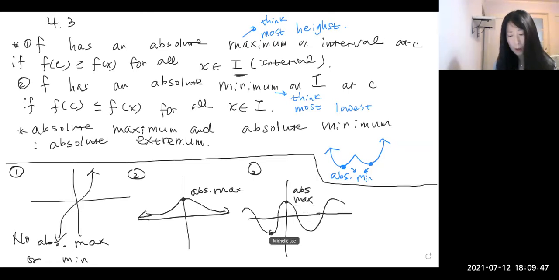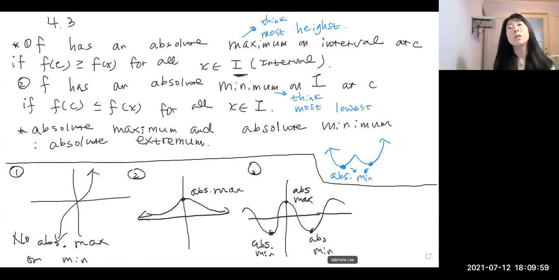And as I said earlier, if the value is the same value, then there is also absolute minimum, right? At the same time. Okay. So even though we said the most highest, most lowest one, if there is the same value, there can be more than one absolute minimum or absolute maximum. Okay. Number four.